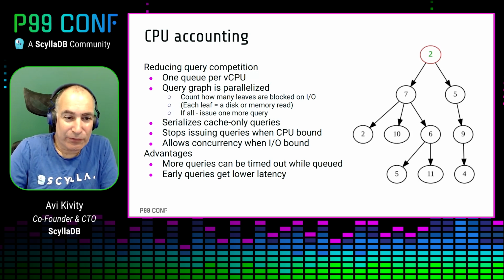And if all of the nodes are blocked on disk, then we know that the CPU is going to be idle, and we admit one more query. And if not, if we do have nodes that are actively consuming CPU, there is no point in admitting more queries. They will just compete with each other.